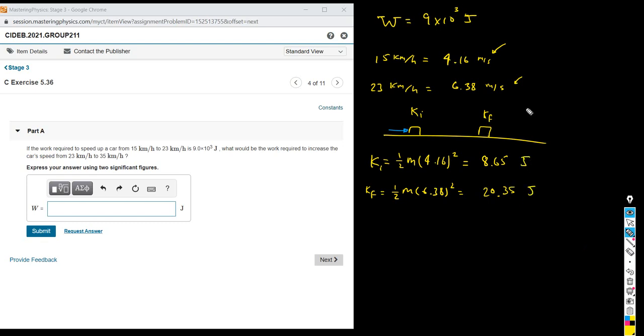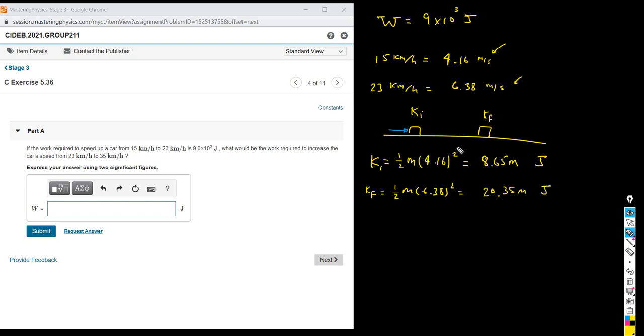Okay, guys. So basically, what's happening right here? The car is going from this initial kinetic energy to this final kinetic energy, and no, wait, I'm sorry. I should write the m. I'm sorry, guys. That m was not from meters. It was from the mass. I was getting confused. 8.65 times the mass, joules, and in here it's 20.35 times the mass, joules. I was getting so confused.